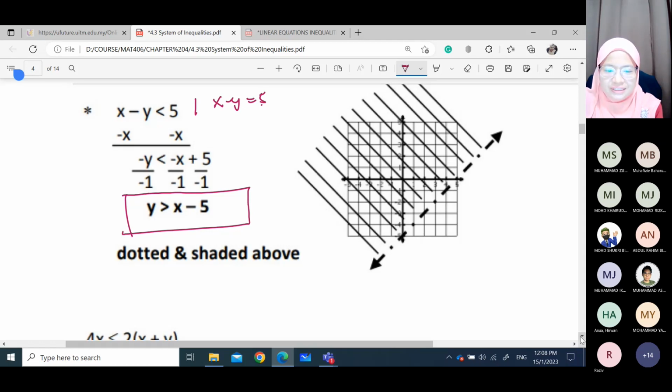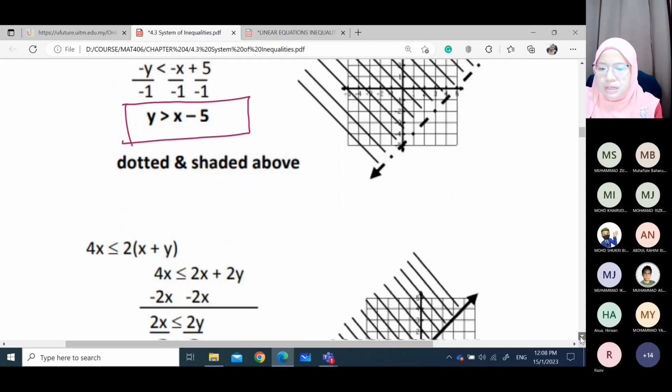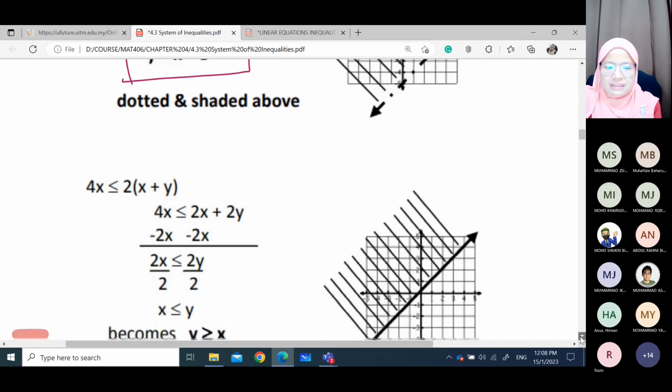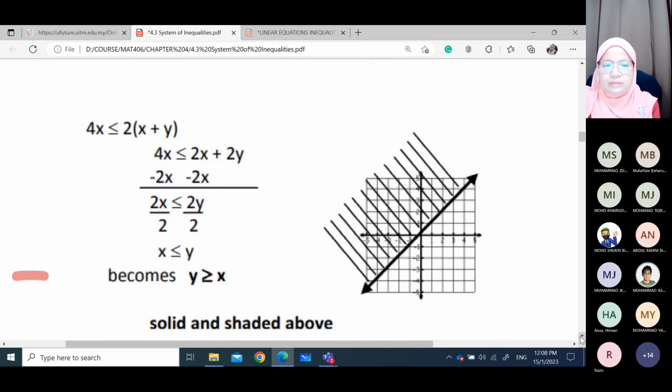Shade the region. Yang ini pun saya akan masukkan dalam test nantilah. Sama juga dengan yang ni. So this one is 4x less than or equal to 2 times x plus y. So this one we use a solid line, not a dashed line, solid. So the equation is 4x equals 2 times x plus y.